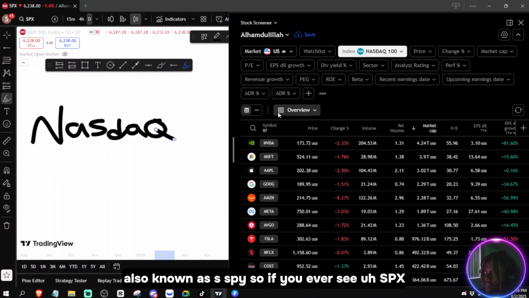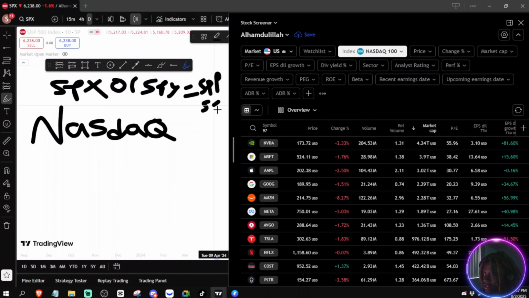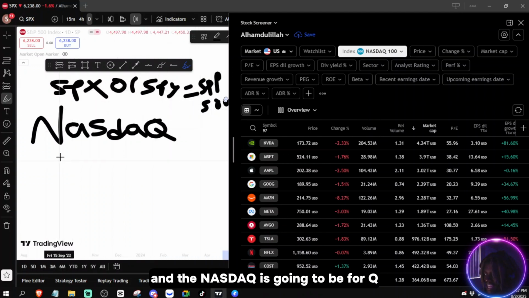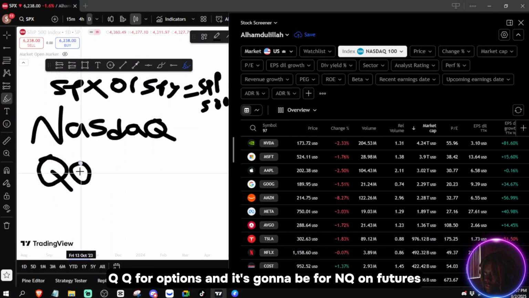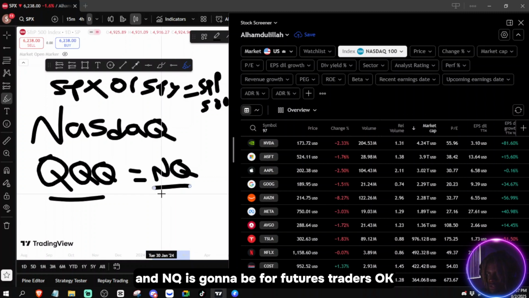So if you ever see SPX or SPY, that equals the S&P 500. So the S&P 500 is for SPX or SPY, and the NASDAQ is going to be for QQQ for options, and it's going to be for NQ on futures. So QQQ is what my options traders will see, and NQ is going to be for futures traders.